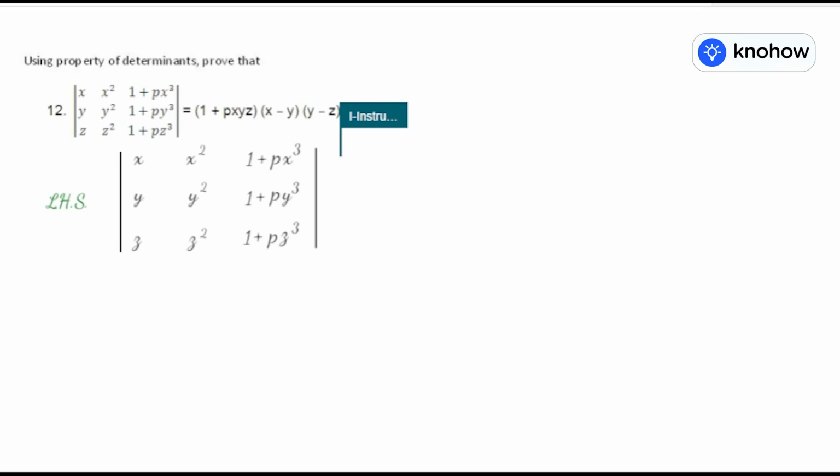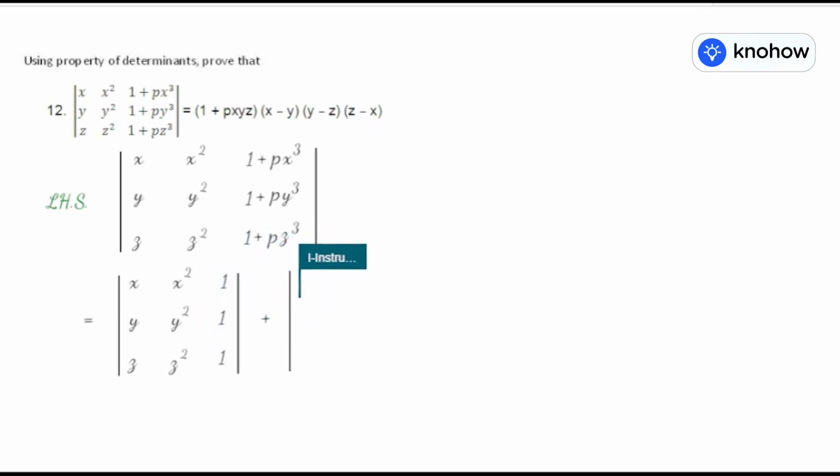The first determinant will be x, y, z, x square, y square, z square, and from the third column we take only 1, 1, 1. Plus the second determinant, keeping the first two columns as such, x, y, z, x square, y square, z square, and the third column will be the rest of it, that is px cube, py cube, and pz cube.